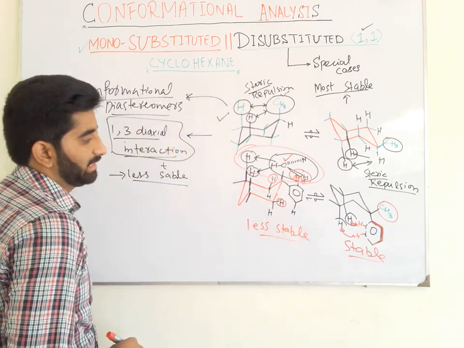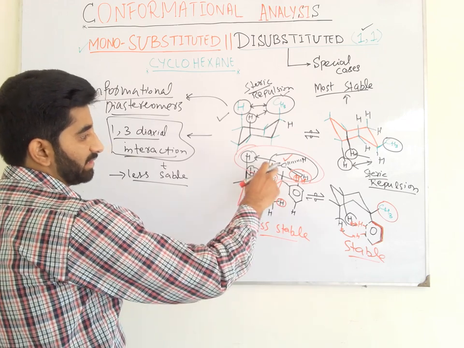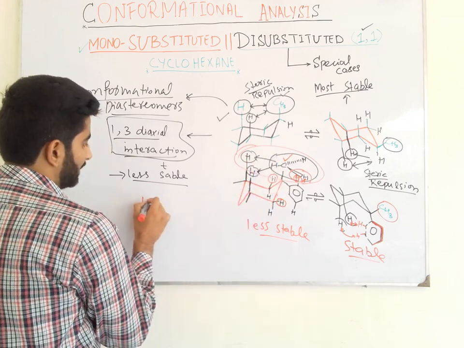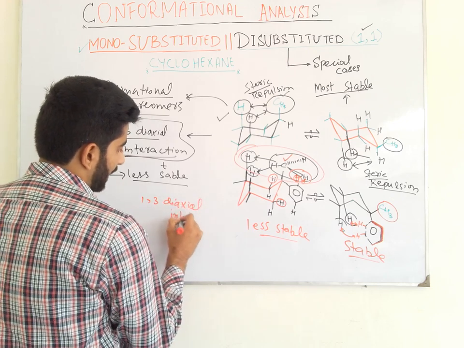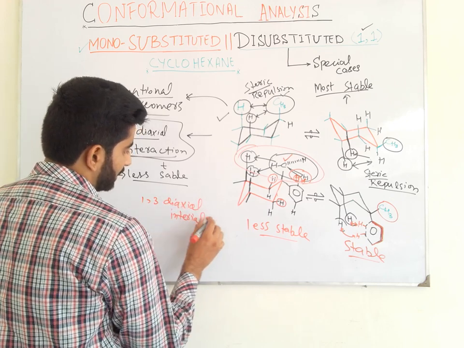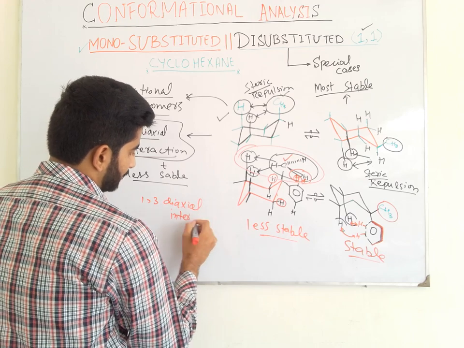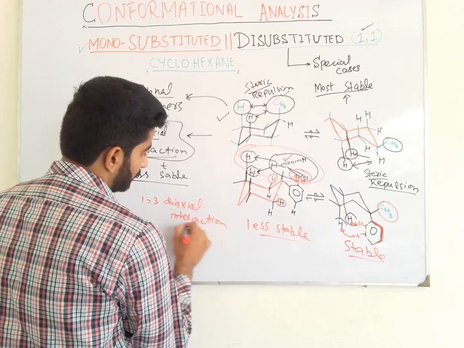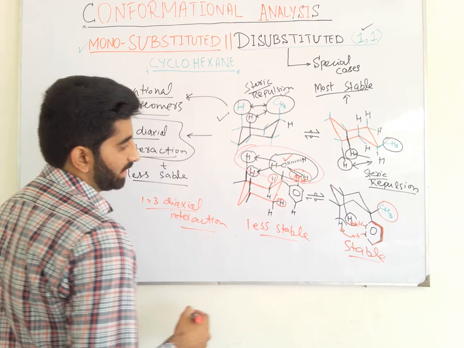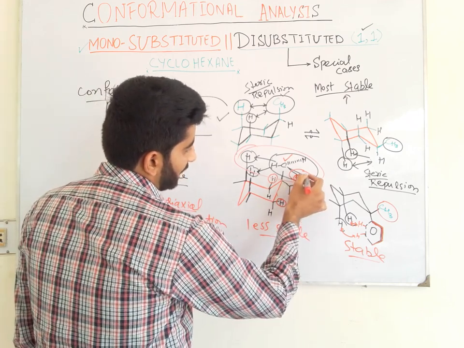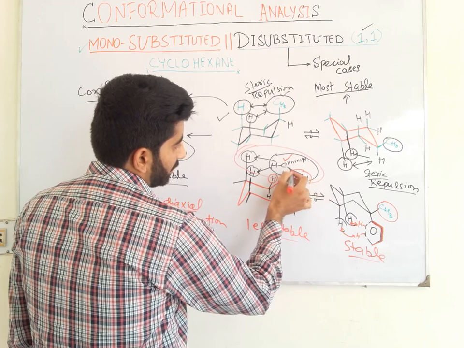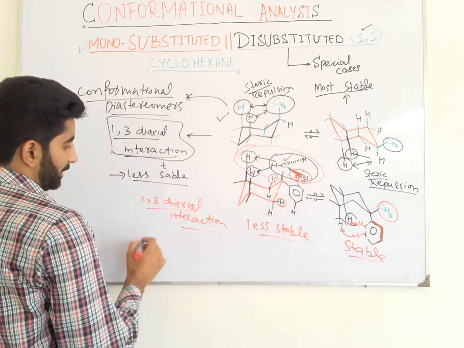This conformation is less stable due to the presence of 1,3-diaxial interaction between the methyl group and diaxial hydrogens. And secondly, there is also steric hindrance between the hydrogen of phenyl and the hydrogen of the methyl group.